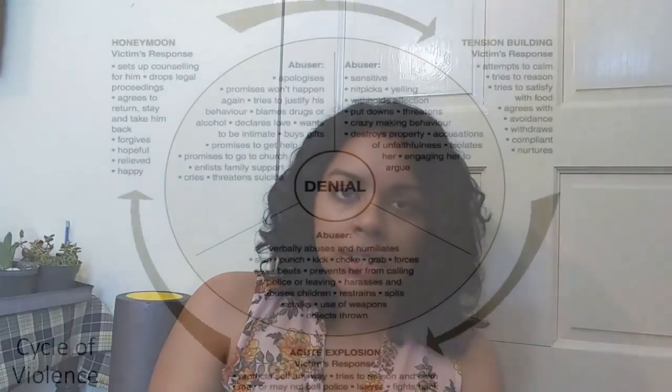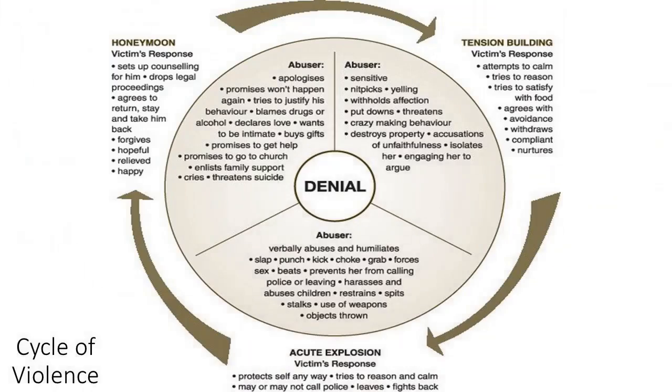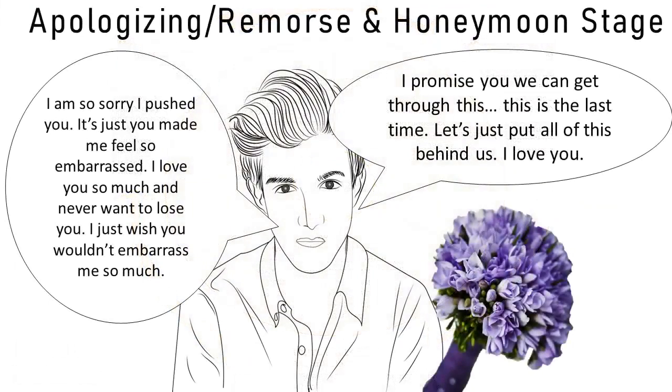So in the third stage, it begins a lot with the abuser apologizing or showing remorse for their behavior. They may promise never to do it again. They may promise to get help, go to church. Sometimes they justify the reasons.